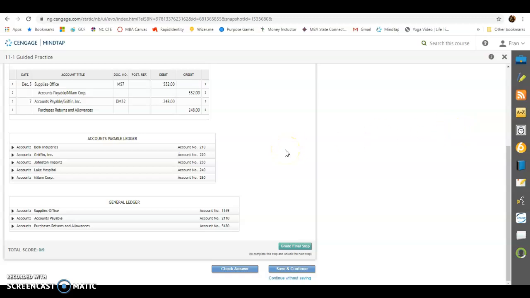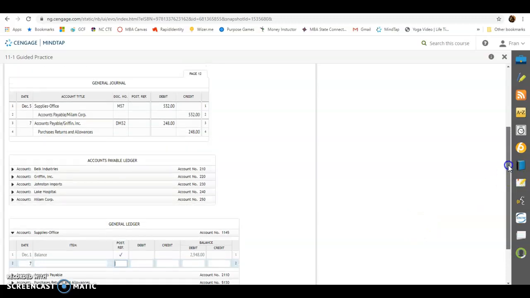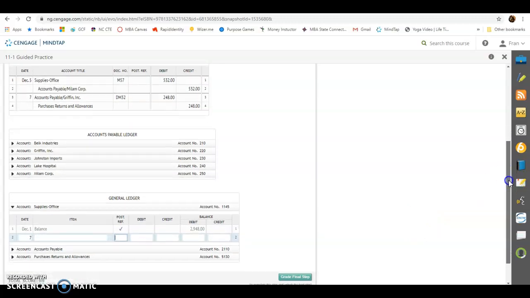Okay, so here we are on the next step where we are going to post these journal entries, if you'll remember how to do that. The first one goes to supplies dash office, so we'll do the drop down. We'll type in the 7th. If you remember, the post reference was the journal and the page number, so this is the general journal, page 12.